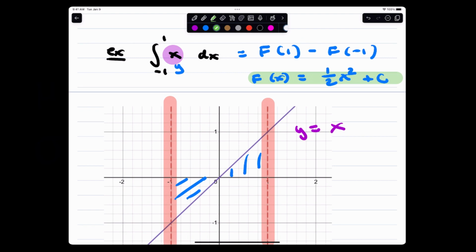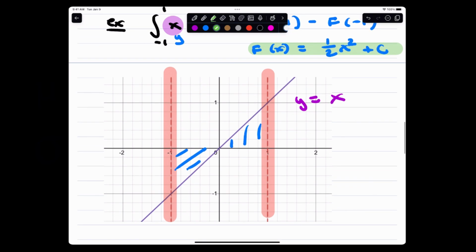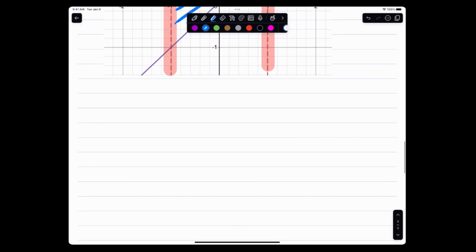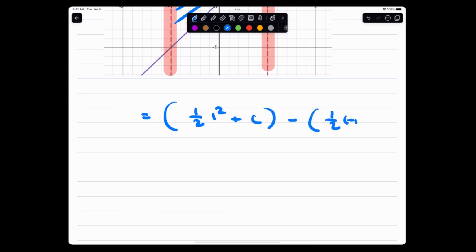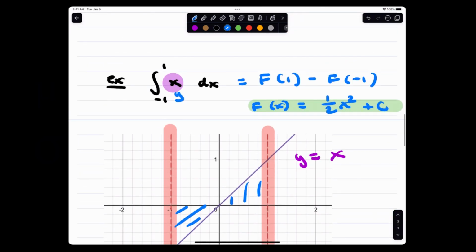All right. Now I have to evaluate that at 1 and -1. So I'll write it all together here so you guys can see that, right? 1/2 times 1 squared plus c, minus 1/2 times -1 squared plus c. Because we're plugging in the limits.